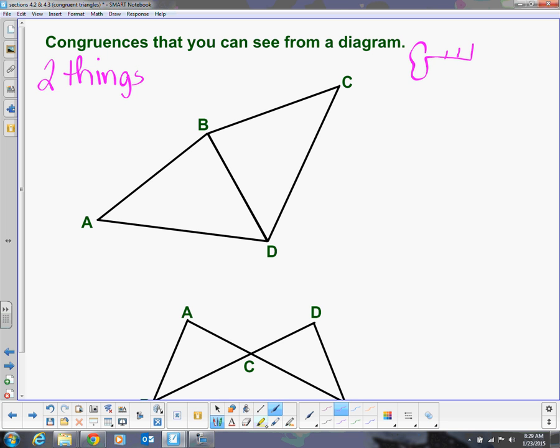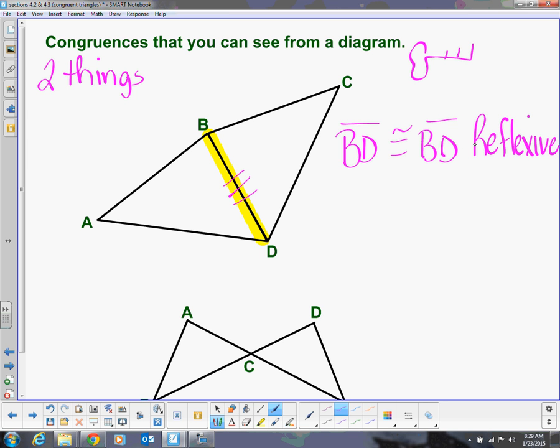However, look at this side right here. Is this side BD a side of the left triangle? And is it a side of the right triangle? So must BD be congruent to itself? Yes. So we'd say BD is congruent to BD, and that is called reflexive. Congruent to itself means reflexive.